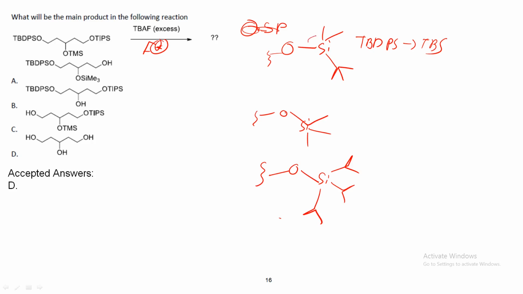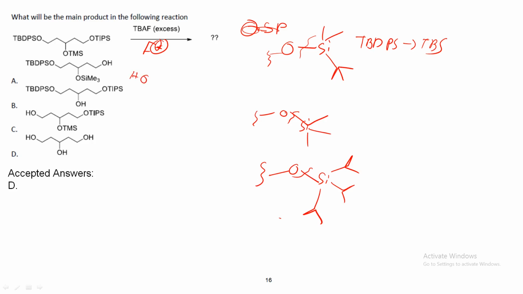So all protection groups can be removed, and the alcohol moiety will be regenerated.